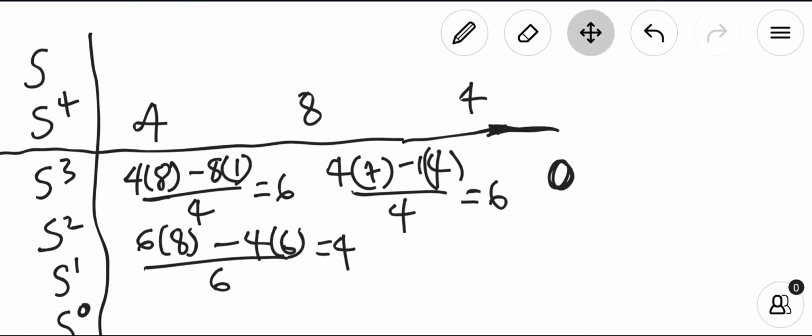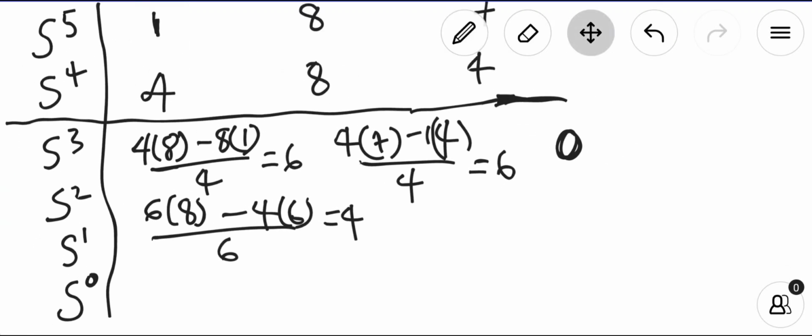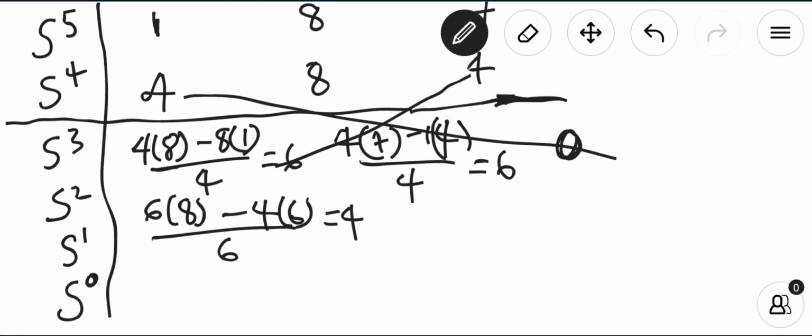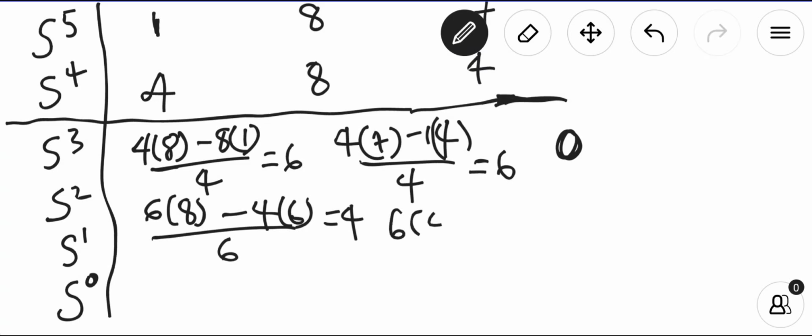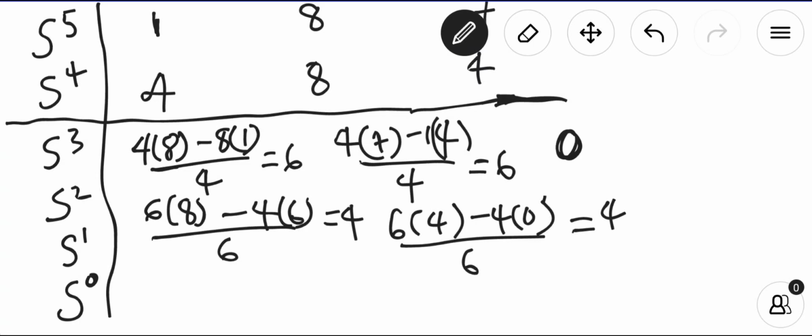And for this one, it is 6 times 4 minus 4 times 0, divided by 6. This will give you 4. And this last column is also 0.